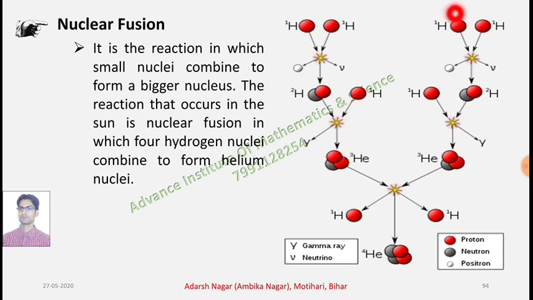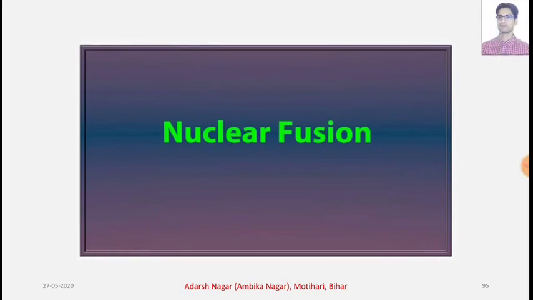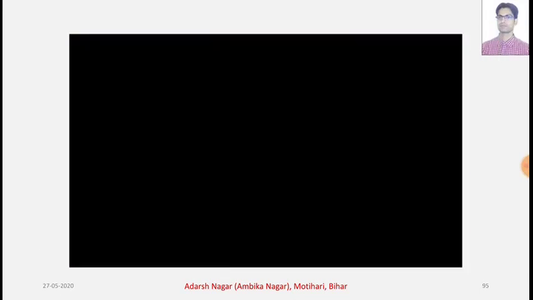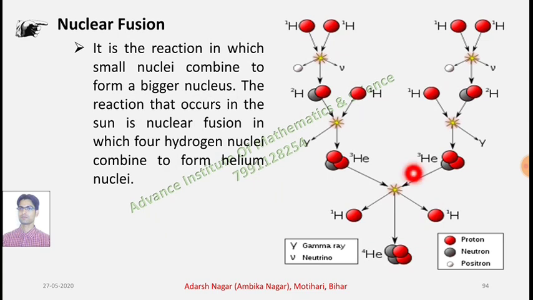Here you can see the same reaction taking place on this side, and here we will get tritium, and this tritium again combines. At the end of the reaction you can see helium, that is 2 red and 2 black, that is 2 protons and 2 neutrons, so helium has mass 4, and here we will get again 1 hydrogen and 1 hydrogen.